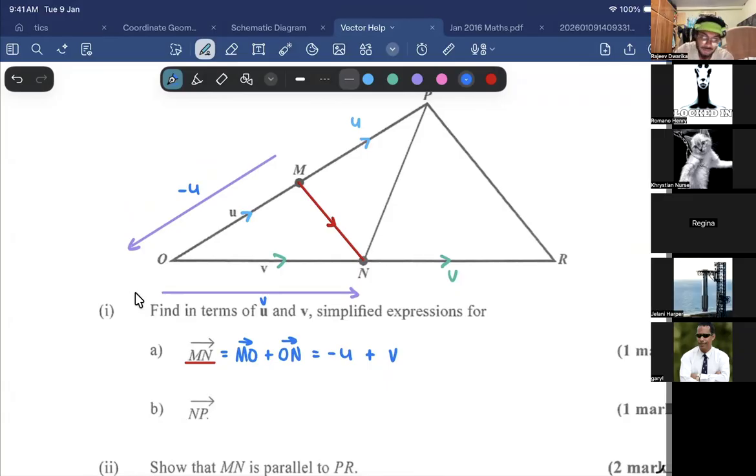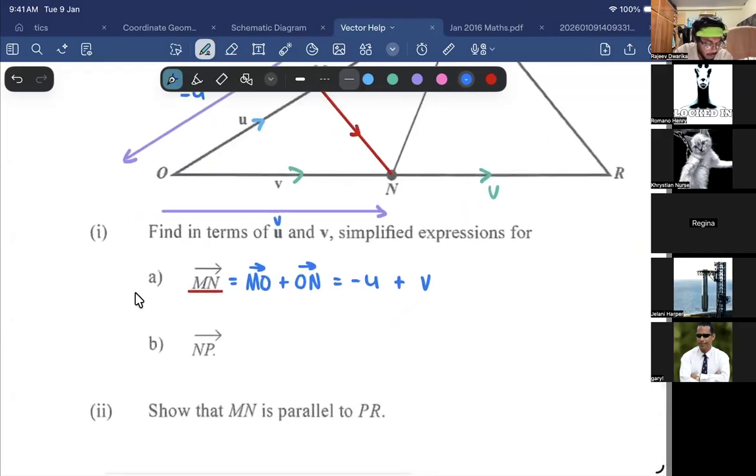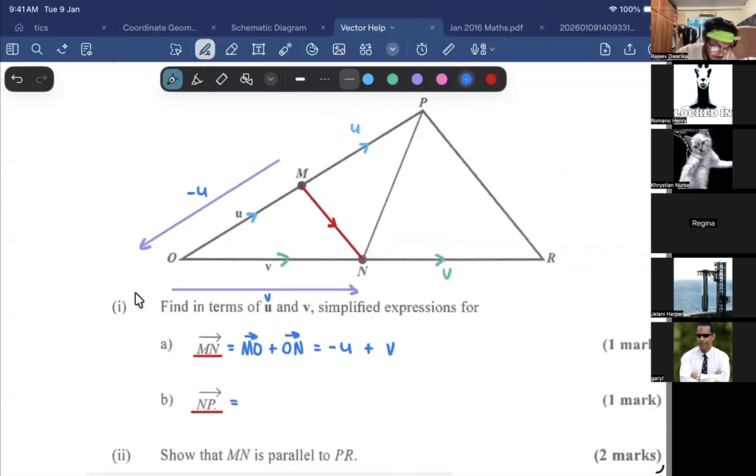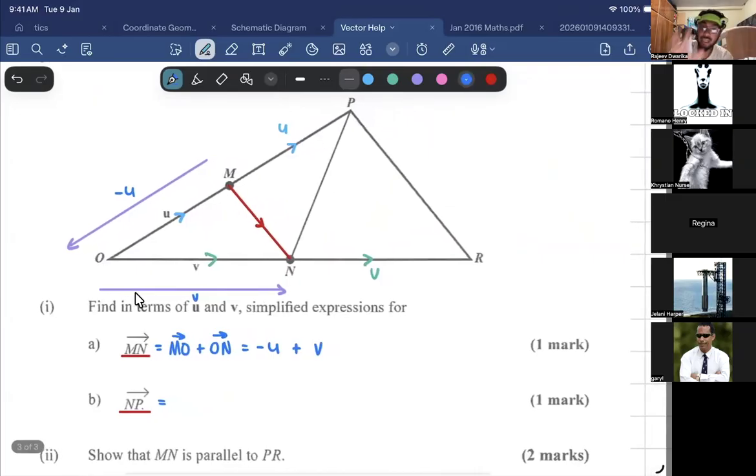Yeah, cooking. All right, now we're gonna look at N to P. Regina had asked for this question. I'm gonna put on another line to show myself where we want to go. So Regina, you wanna go from where to where in the second part?